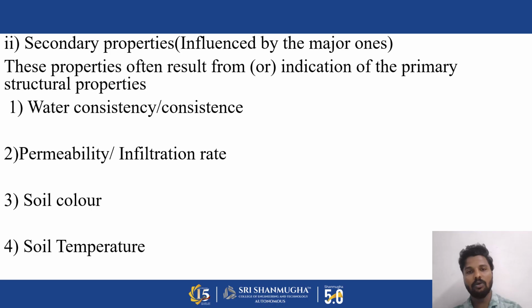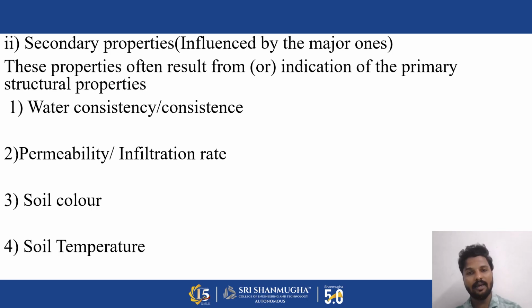First of all, we have to know the relation between infiltration and permeability. Infiltration rate is how quickly water enters the soil surface, while permeability is the rate at which water moves through the saturated soil mass. So both are heavily influenced by texture and structure.